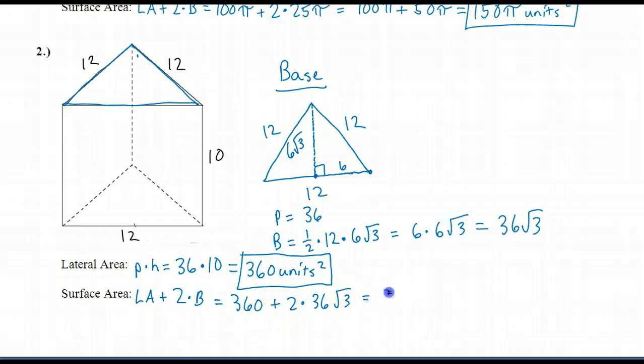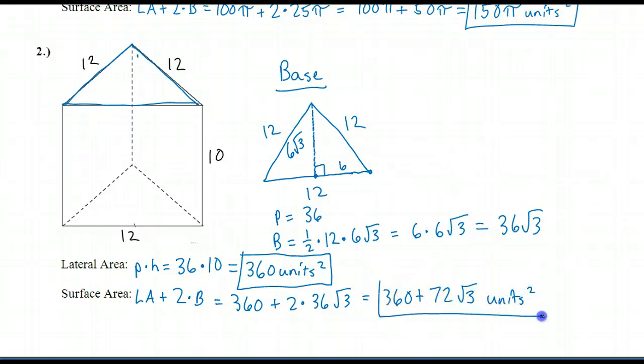Simplify that down, I have 360 and 2 times 36 square roots of 3 is 72 square roots of 3. I can't add these because these are unlike terms. This is my answer in simplified form.